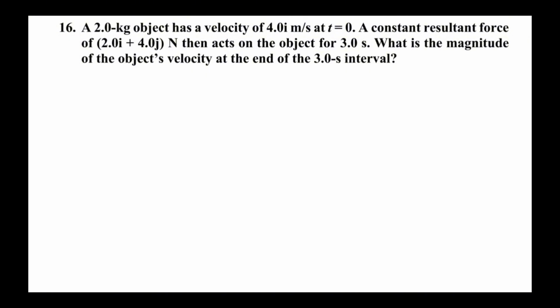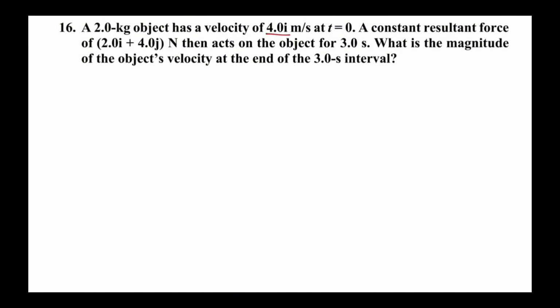Now in this case here, we have initial velocity, this one right here, and we have a force acting on this object and it's constant, and we have x component and y component for the force. The time interval equal to 3 seconds, and we would like to calculate the velocity at the end of the 3-second time interval. Again, to calculate the velocity, we need to calculate the acceleration.